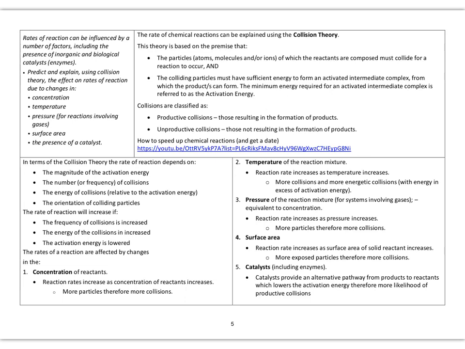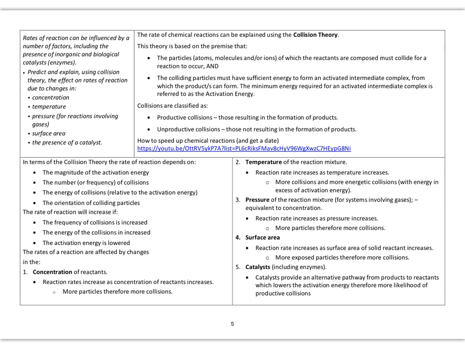For them to have a new substance form, they have to hit each other with enough energy that some bonds get broken, that they can form some new bonds, some new chemical bonds, and form a new compound. So that's what we sort of mean by this activated intermediate complex. They have to bang into each other with enough energy to cause some change, some intermediate complex, cause something to break, so that then something new can form.